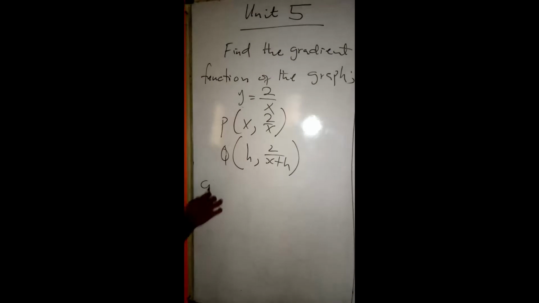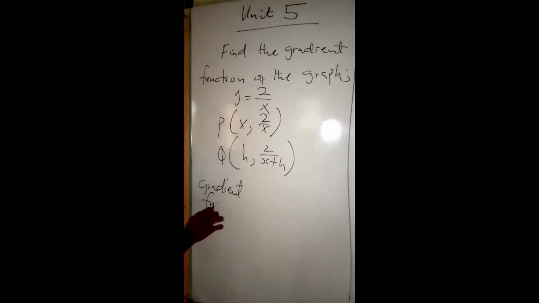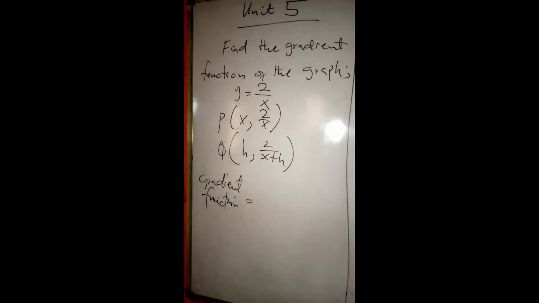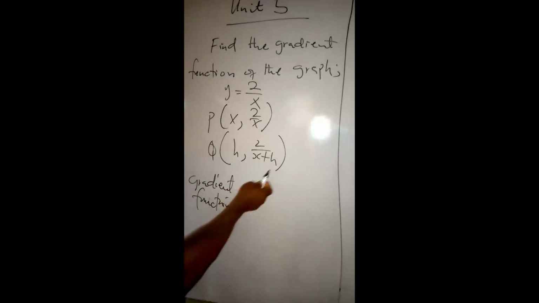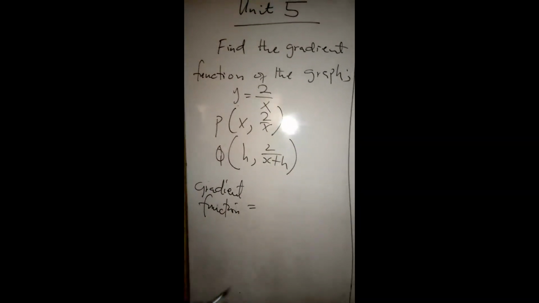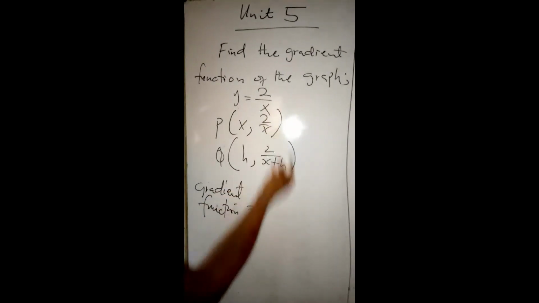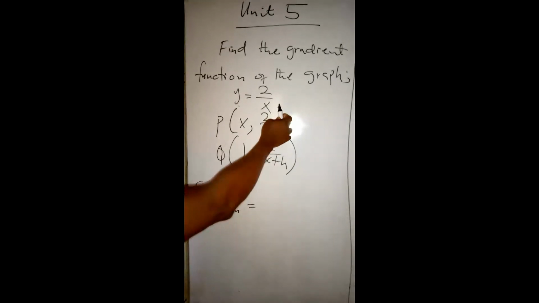So now we say gradient, you are no longer new to this word, gradient function. Following our exercise, you will now know that it's the difference in the y-axis all over the difference in the x-axis. So your Q and P, this is the y2 and this is the y1.